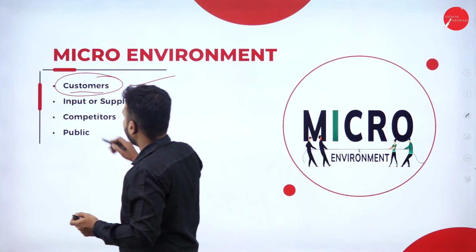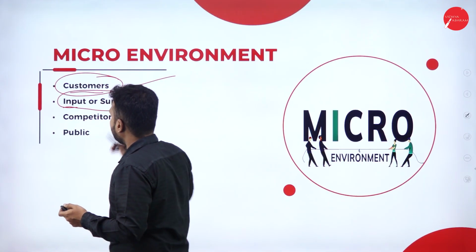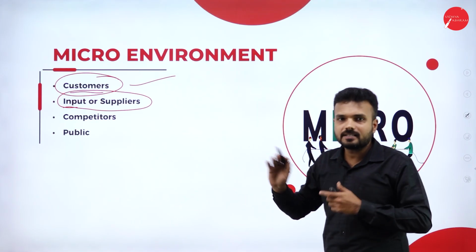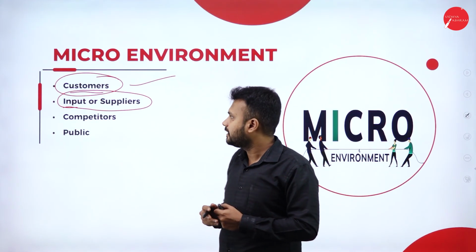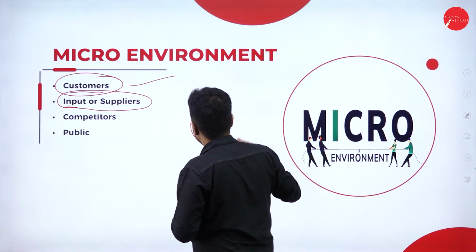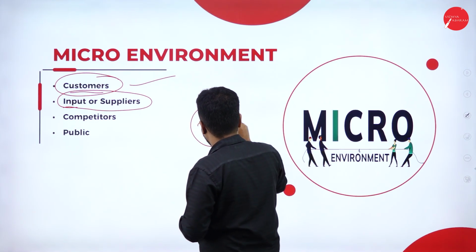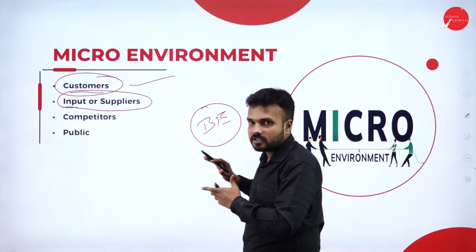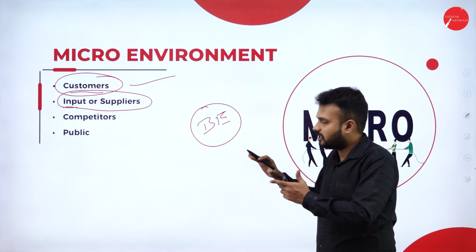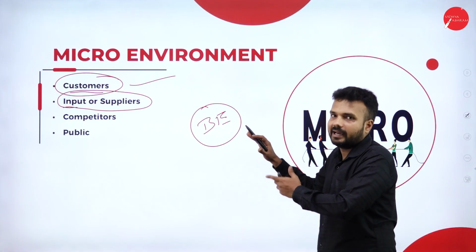Inputs and suppliers are the second factor which influences the business environment. It is a business entity. What is the main function of the business? What is the main course of a manufacturer?